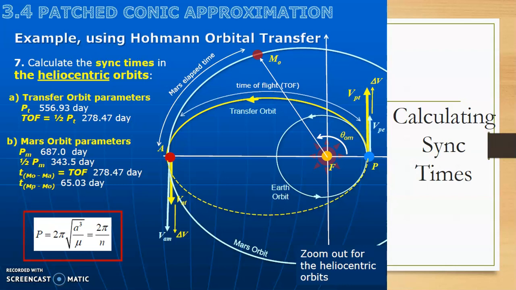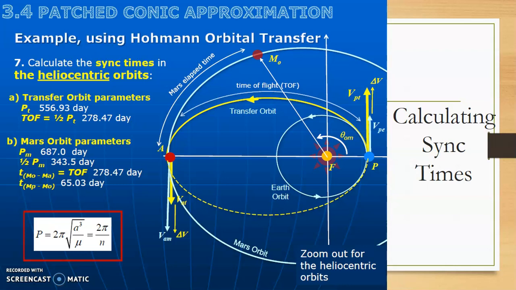So in order to time the thrusting correctly, we have to approximate the position and time of the arriving position beforehand. In this example, we have to determine the position of MO, which is the position of planet Mars.